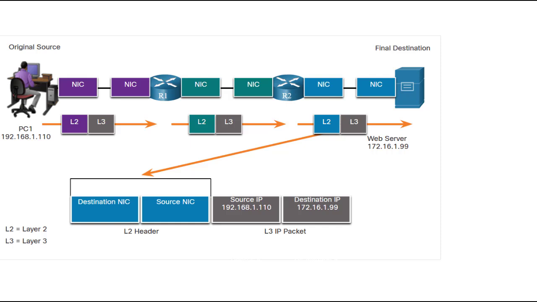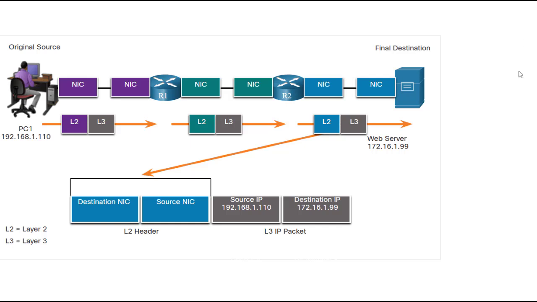On the last leg of the journey, router R2 encapsulates the Layer 3 IP packet in a new Layer 2 frame. R2 adds its Layer 2 interface address facing the web server into the frame header as the source physical address and the Layer 2 address for the NIC of the web server as the Layer 2 destination address.